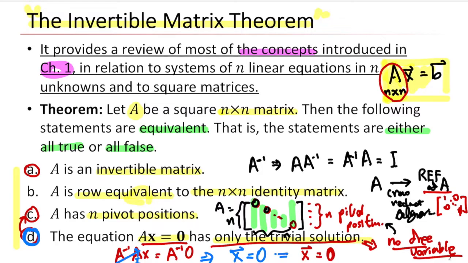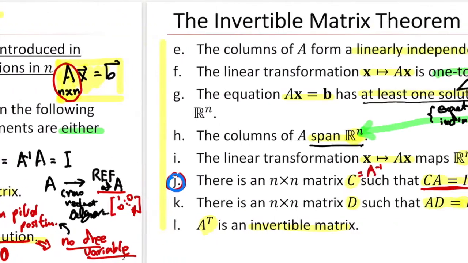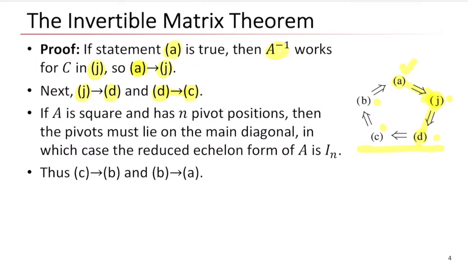So A should have n pivot positions because there are n rows. So the statement T implies the statement C. Okay, we found the link from T to C. Let's move on to the next.